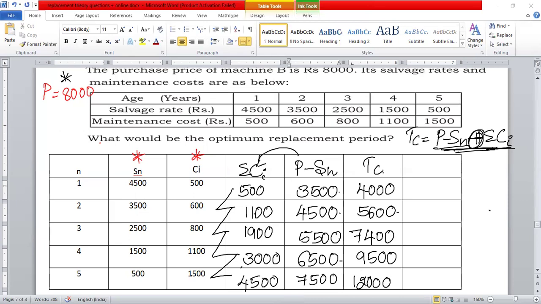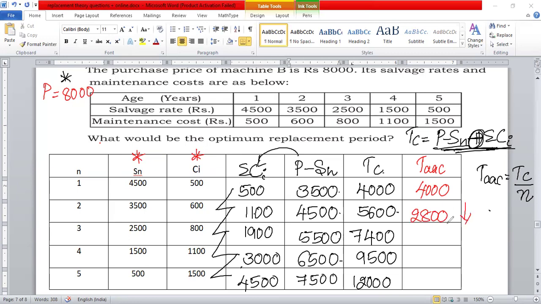Yes. The last formula, the total annual average cost, TC divided by N. TC is here, N is also here. We are going to divide it now. TAAC: 4,000 divided by 1 is 4,000. 5,600 divided by 2, 2,800.